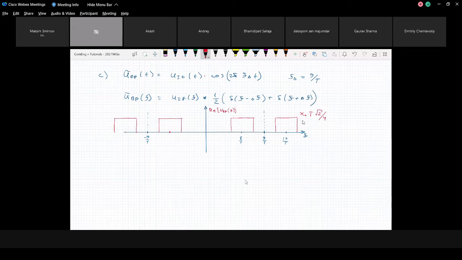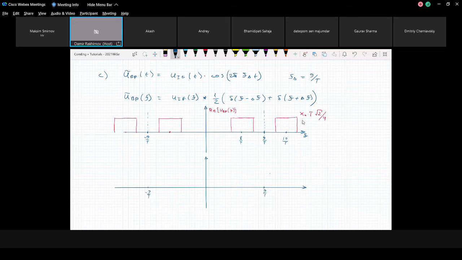Okay, and second part. Also, we have another. I also specify frequency 9/T, minus 9/T.